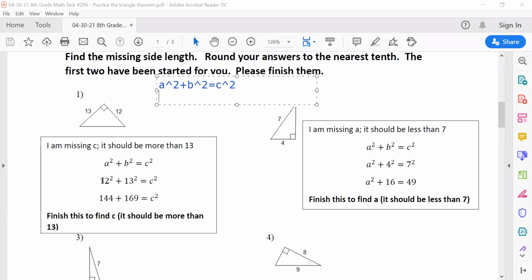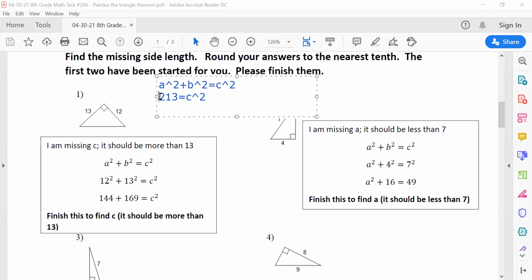Now, because I know the order of operations, I'm going to square both numbers. 12 squared is 144, 13 squared is 169. At this point, I'm just going to add these numbers because I'm just solving an equation. When I add 144 and 169, I'm going to get 313, and that's going to equal C squared.